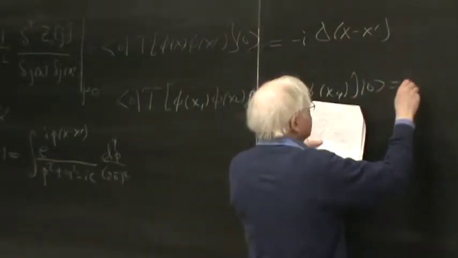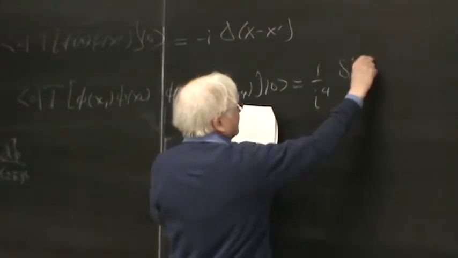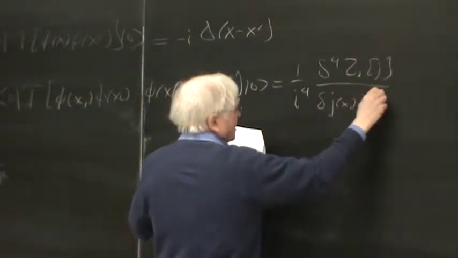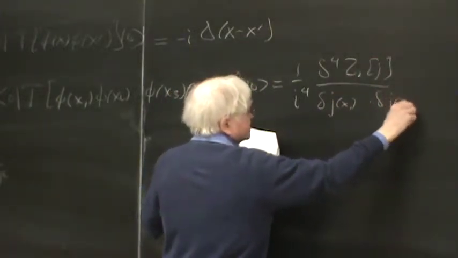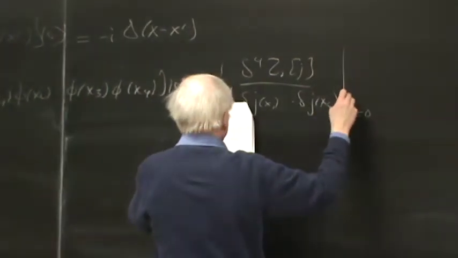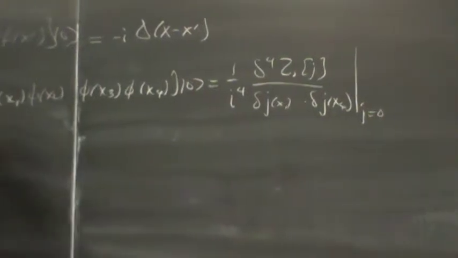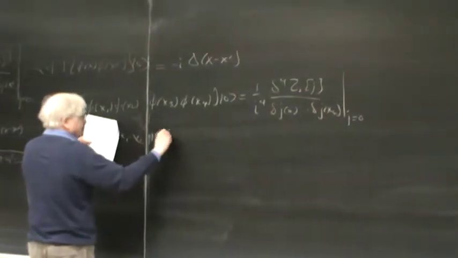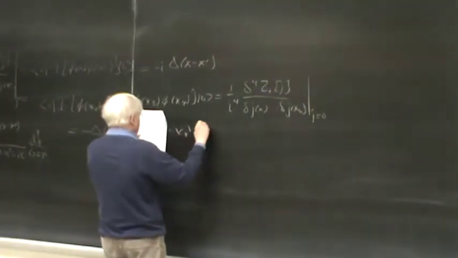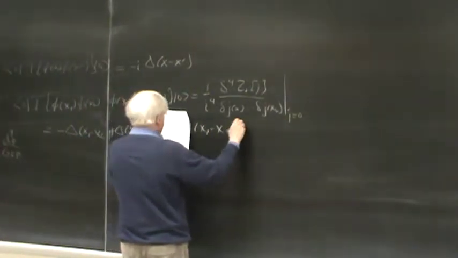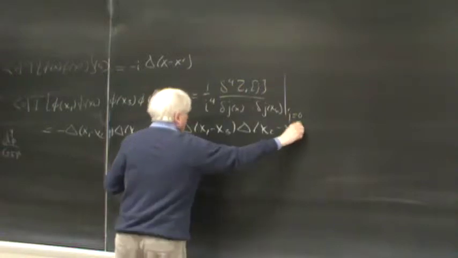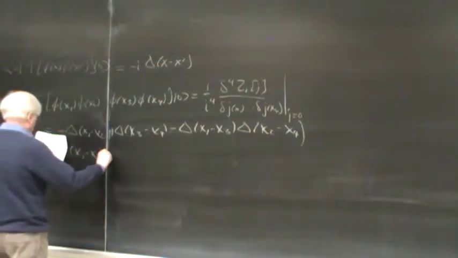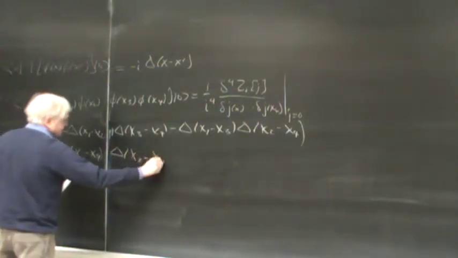in the vacuum is 1 over i to the fourth times the fourth functional derivative of Z0 of J with respect to J of x1, ..., J of x4 at J equals 0, and this in fact is equal to minus delta of x1 minus x2 delta of x3 minus x4, minus delta of x1 minus x3 delta of x2 minus x4, and minus delta of x1 minus x4 delta of x2 minus x3.